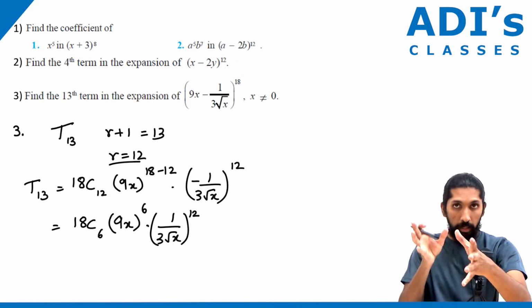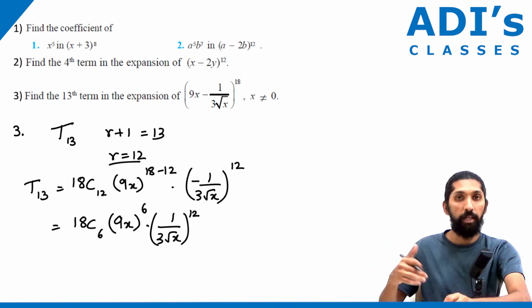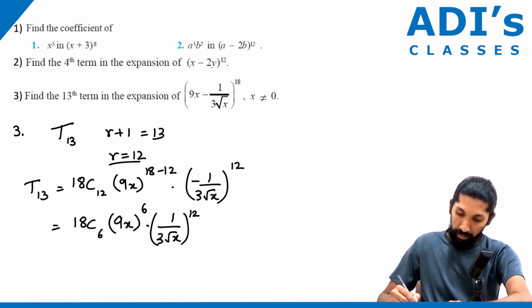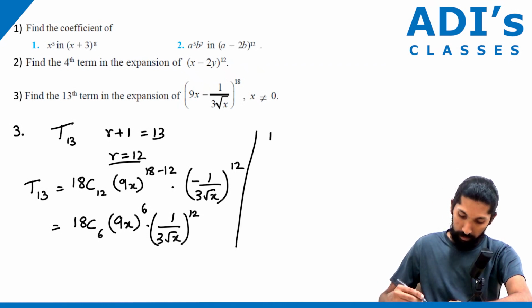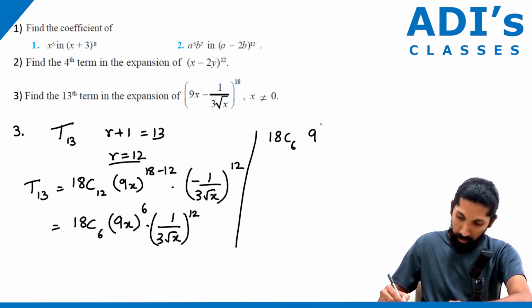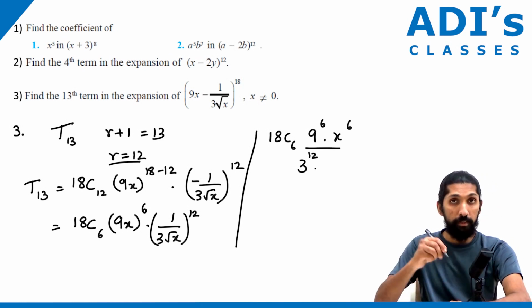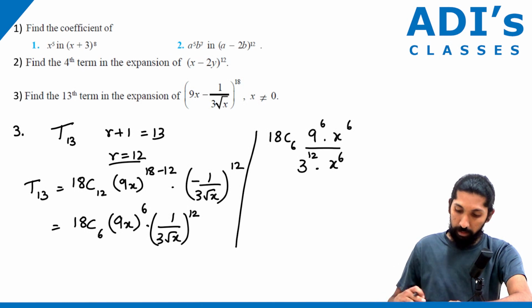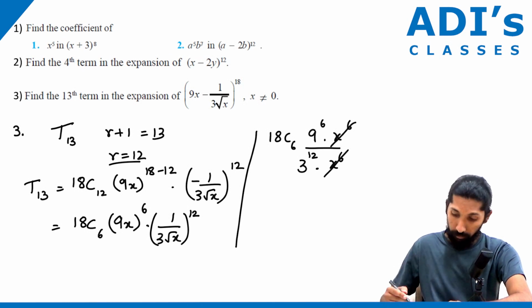But the other two terms we have, we can simplify much more easily. Alright. So keep the 18C6 as it is, into 9 power 6 into x to the power of 6 by 3 to the power of 12 into, see, root of x is x power half. This is going to give us x to the power of 6. X power 6 cancels.